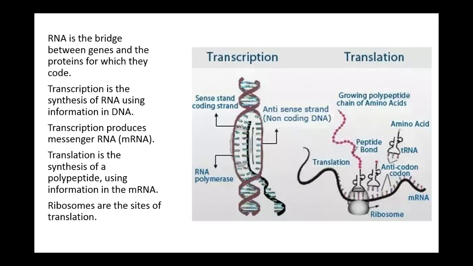Ribosomes are the site of translation. So ribosomes are in the cytoplasm. They're the site of translation. And you have a nice little image here. This will show up again where you have your RNA. You have an enzyme, RNA polymerase. That RNA polymerase, with the aid of transfer RNA, will attach codons.